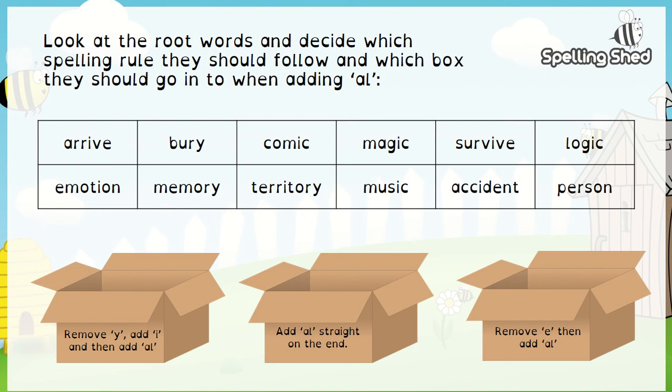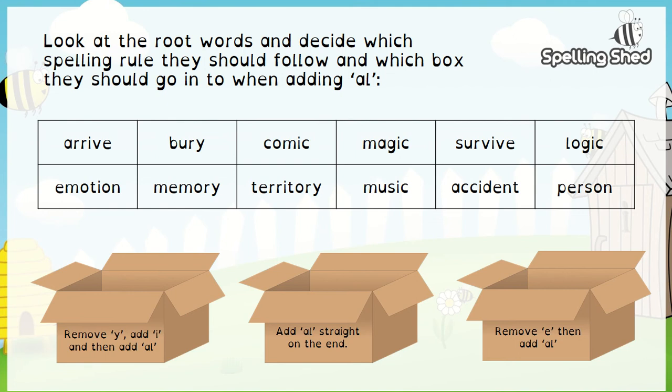So, we need to decide, looking at these root words here, we've got 10 or 12 in fact root words there, and I would like you to decide which box they should go in when adding AL.